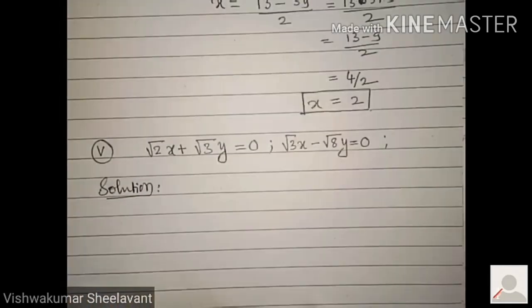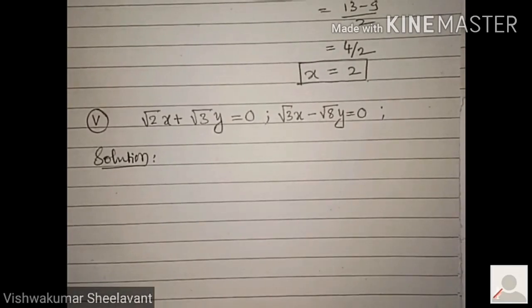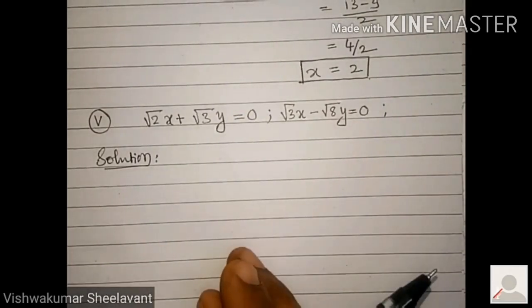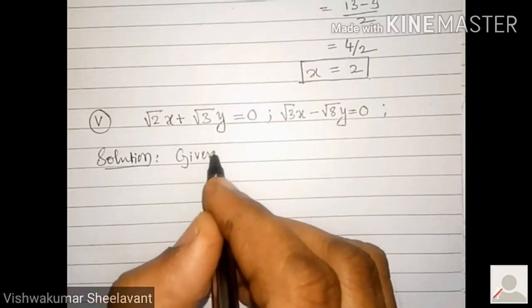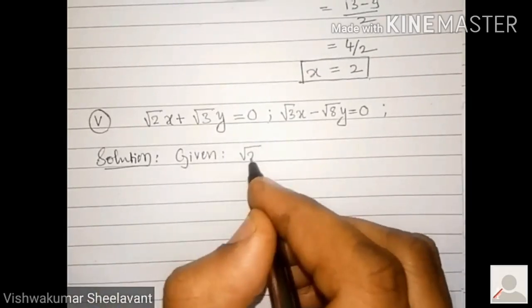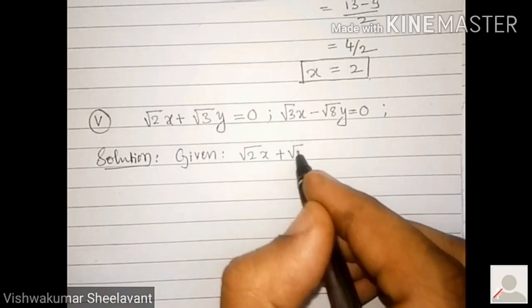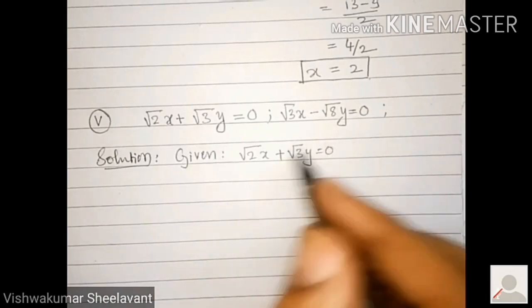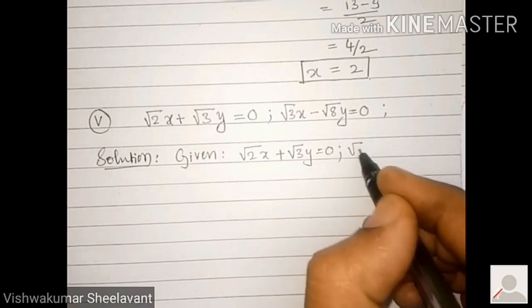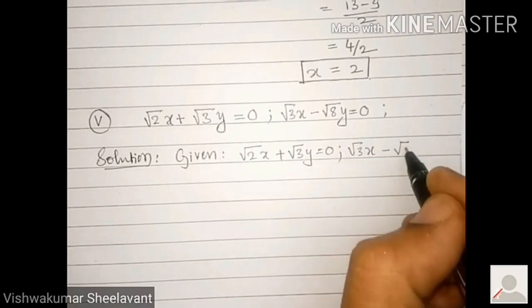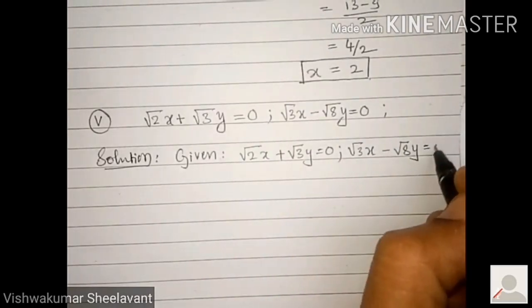Always check for consistency. If a solution exists, then only find the solution, otherwise not. Given root 2x plus root 3y equal to 0, root 3x minus root 8y equal to 0.